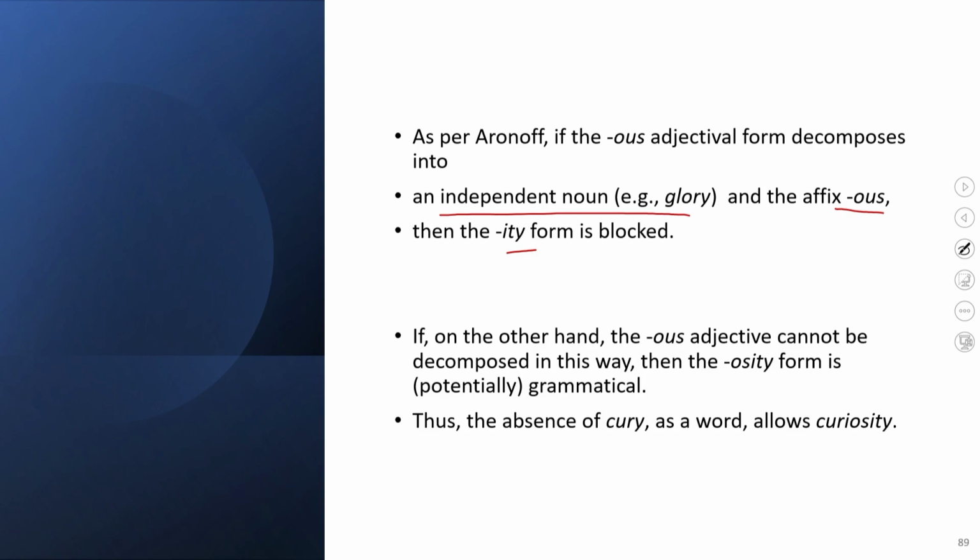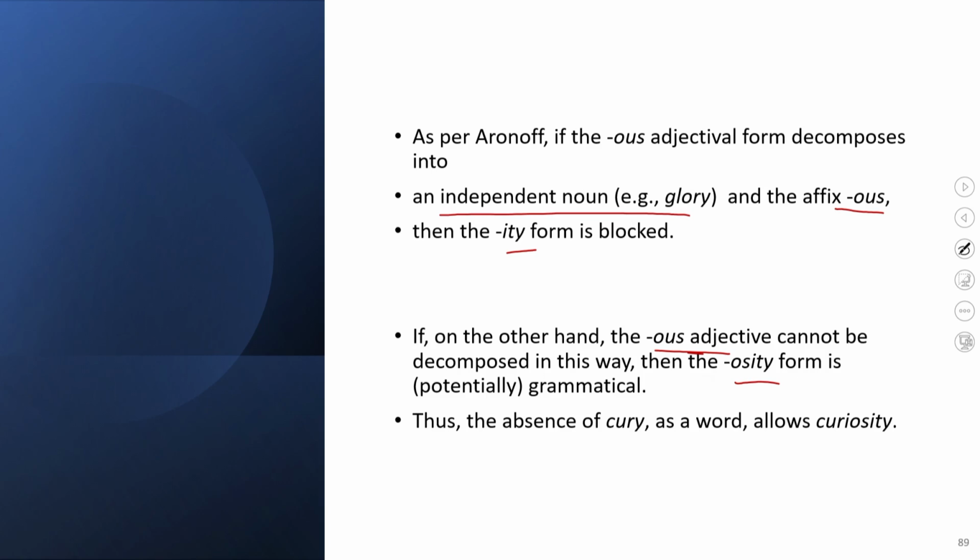For example, if a word has a bare form like glory and it also has OUS, then you cannot attach ITY to it. In this case, it will be blocked. However, on the other hand, if the OUS adjective cannot be decomposed in this way, then the ITY form is grammatical.